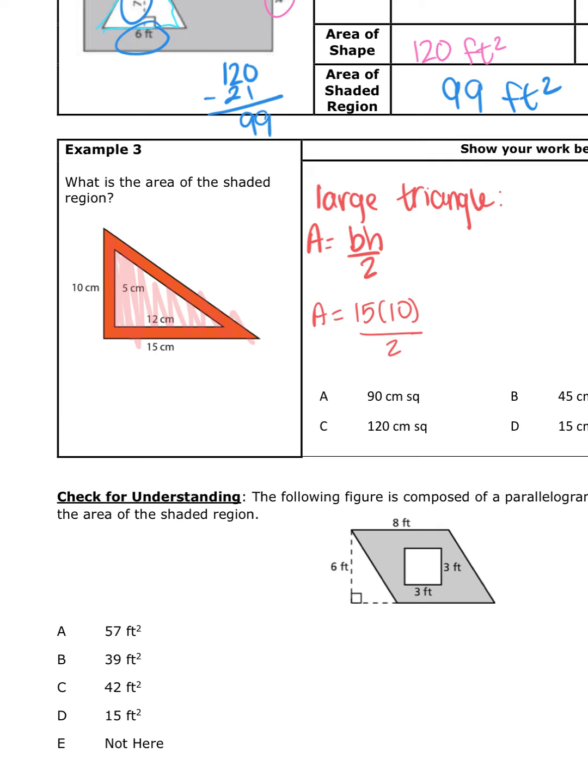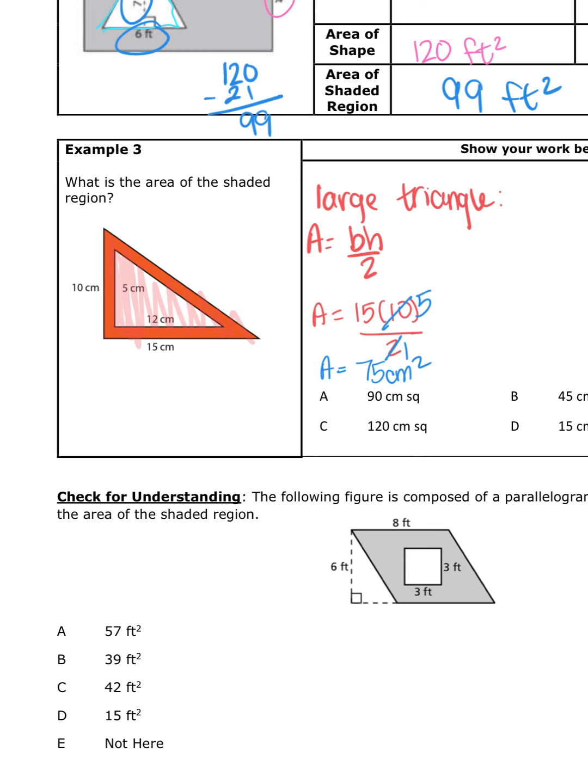I'm going to go ahead and divide now just to make it easier. So 10 divided by 2, that'd be 5. So now I have 15 times 5, which is what? You should have said 75. So 75 centimeters squared. But that is not my answer. That's the entire triangle, as if nothing was gone.